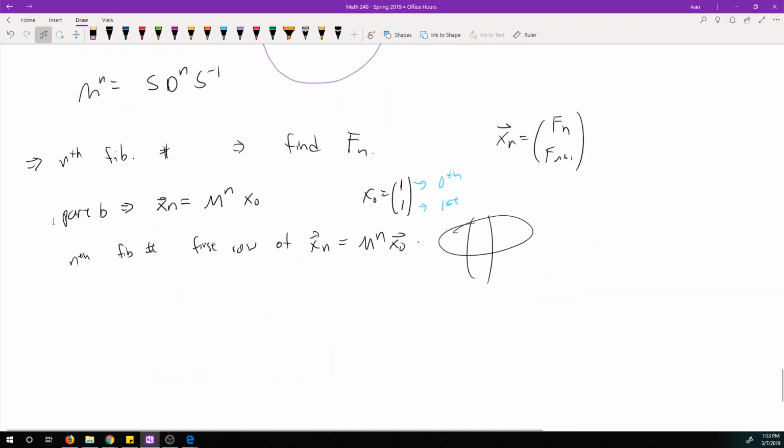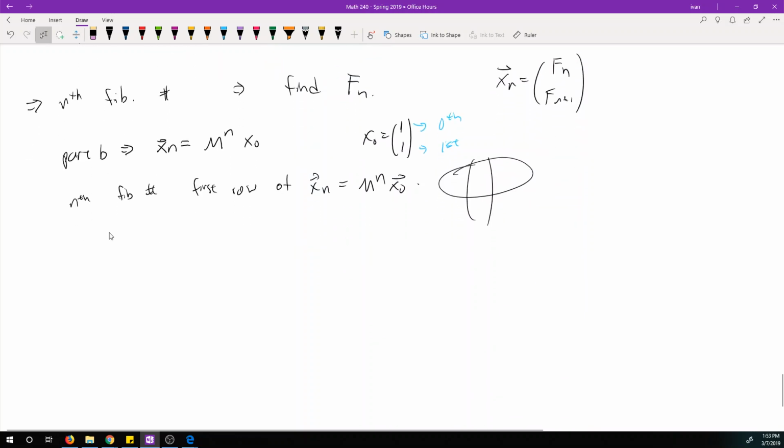Actually, it's the exact same thing. First of all, in 10A, just a quick hint, you actually diagonalized this matrix on your homework. It's somewhere there, you can just go look for it.